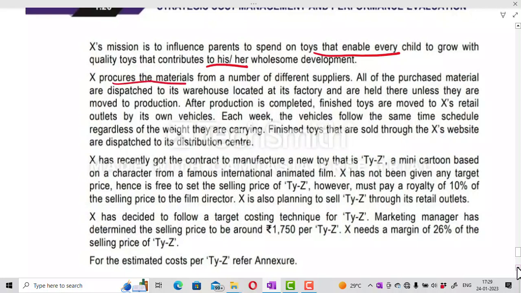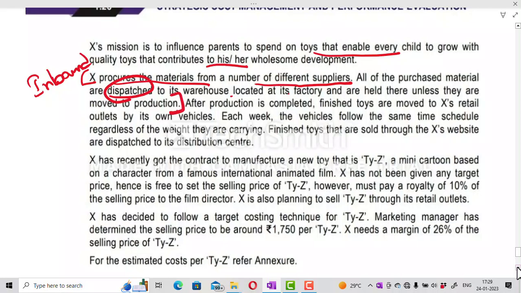X procures the material from a number of different suppliers. So this is inbound logistics. Okay, different suppliers. All the purchased materials are dispatched to its warehouse located at its factory. And see, they are stored in the factory and are held there unless they are moved to the production.